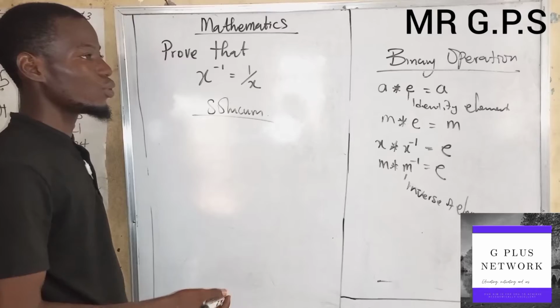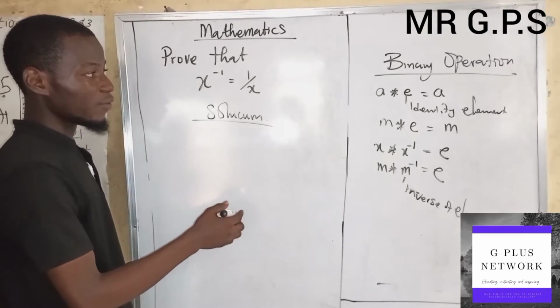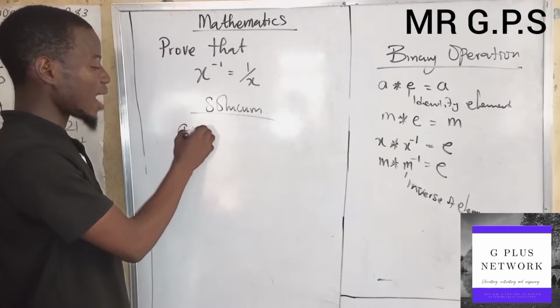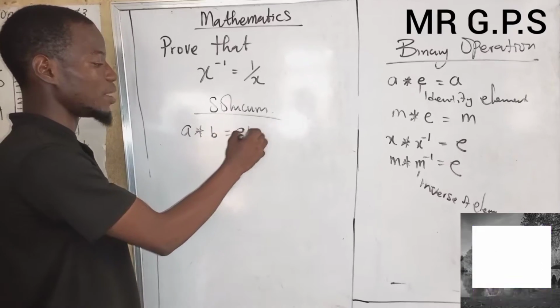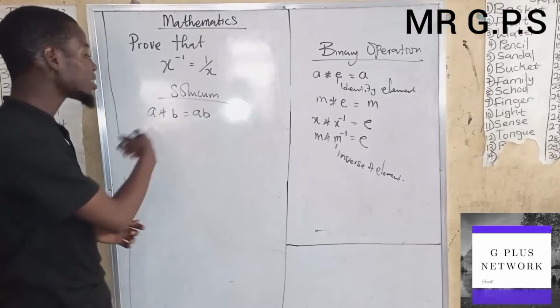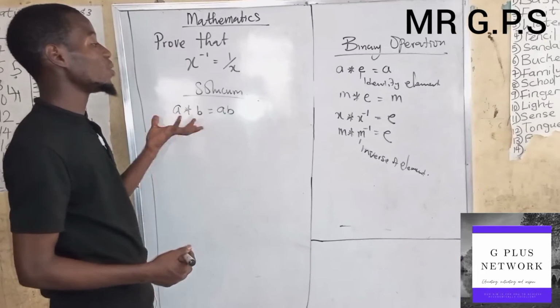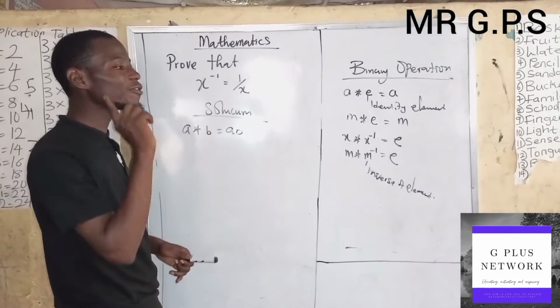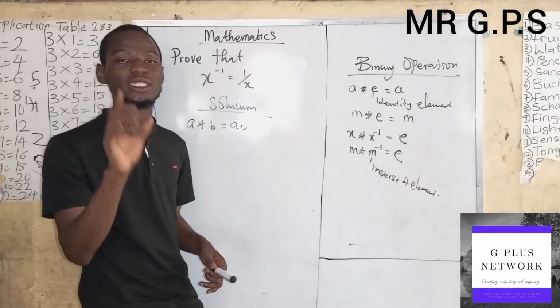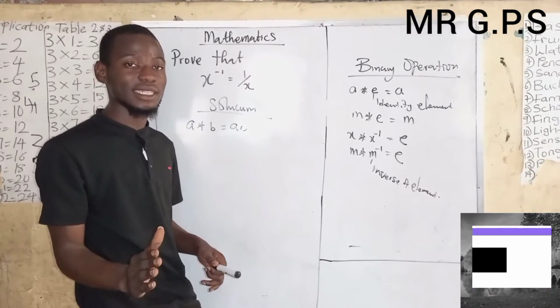So what we'll do is, if we have a asterisk b equals ab, in this kind of condition, we are going to be using this to deal with it. Now, the first and foremost thing we need to look for is our identity element.